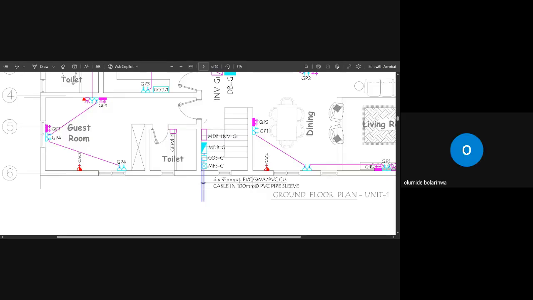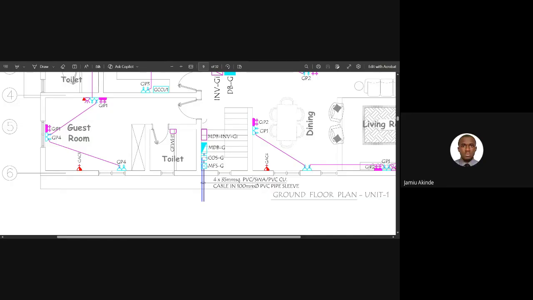38.73. Are you going to leave that 38.73 like that in your bill? What are you going to turn it to? What will now be your final answer? 39. So are you going to put 39 in your drawing?